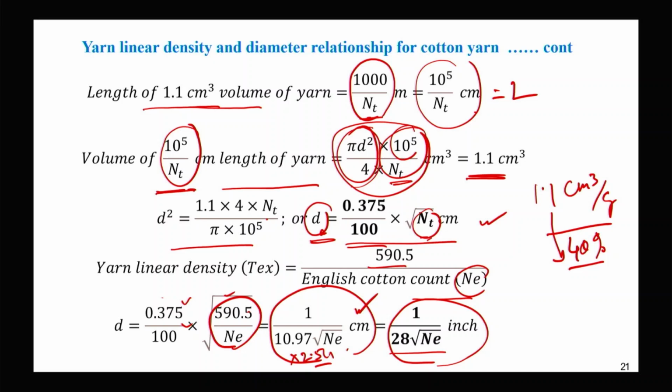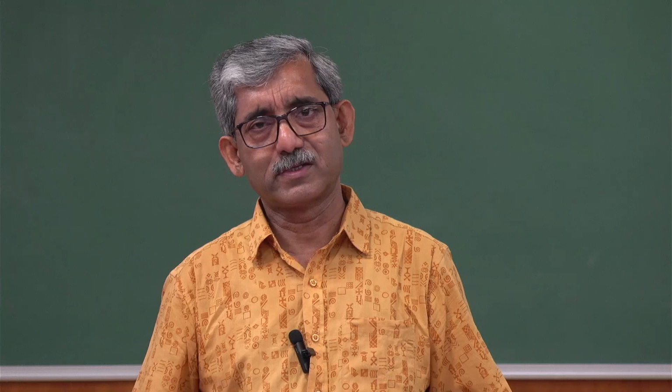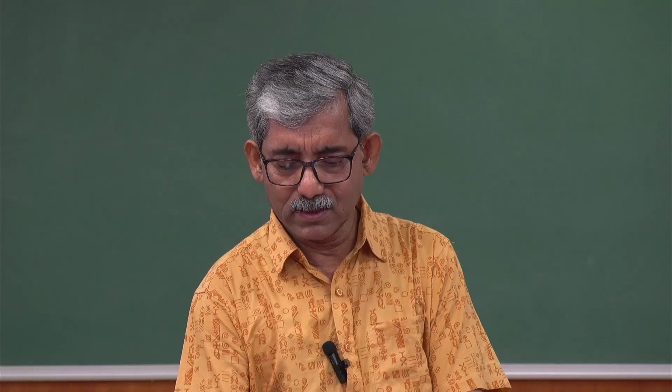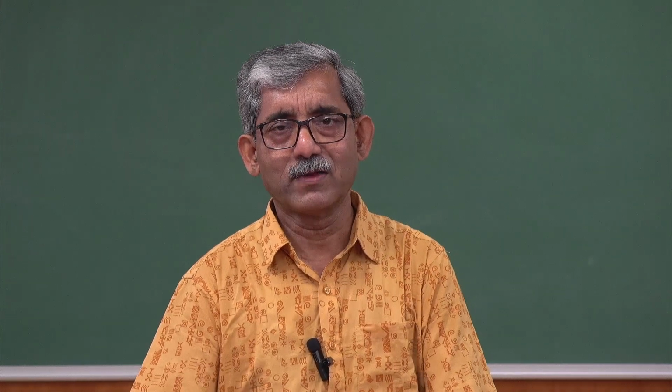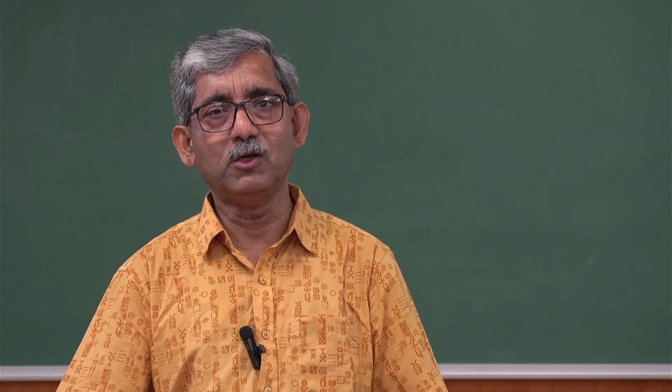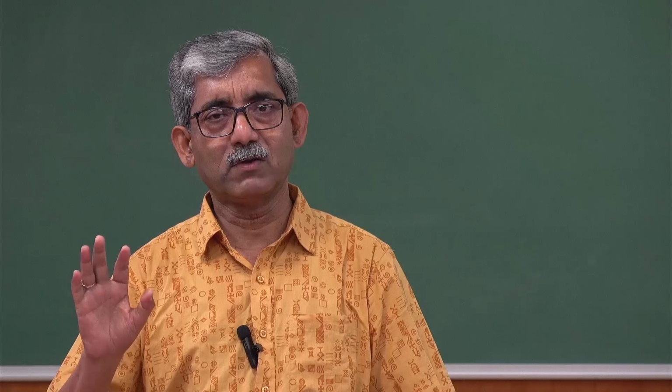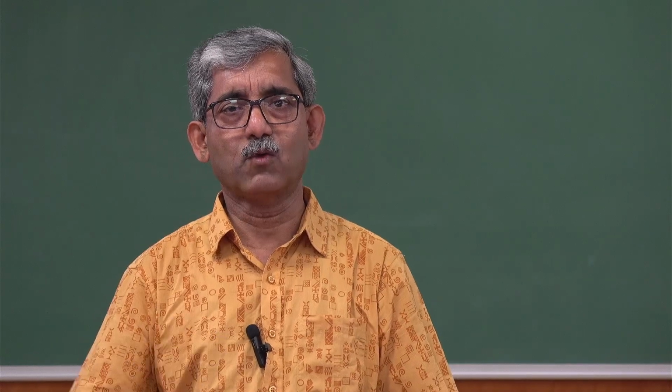So this relationship is very important; we can use it to get the approximate diameter of yarn. For cotton yarn, this 40% is what we normally get for a certain range of twist. If we increase the twist, this value will change a little bit. We must understand this relationship is not universal; it works only with a particular condition.